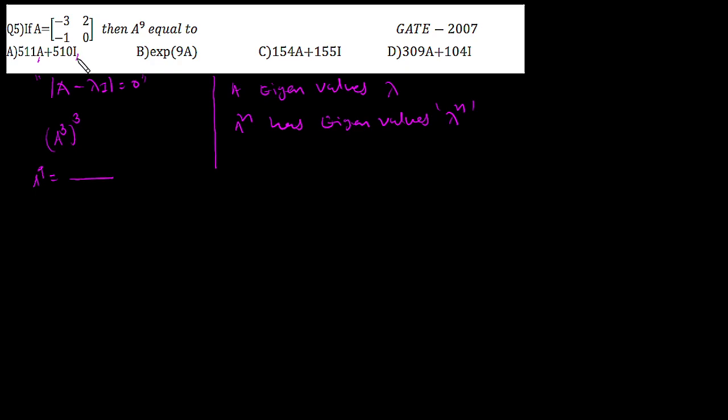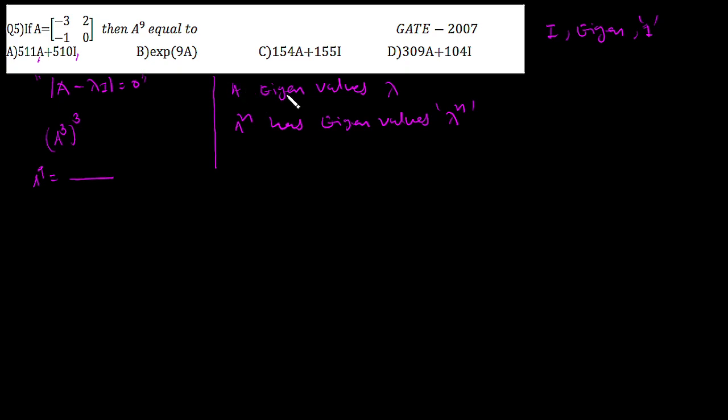So now this I will reduce with 1, because this identity matrix has eigenvalue of 1. Any identity matrix, irrespective of order, has all its eigenvalues as unity.